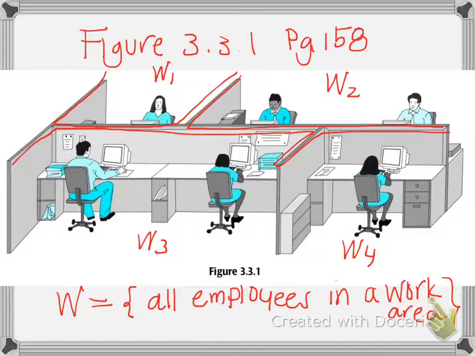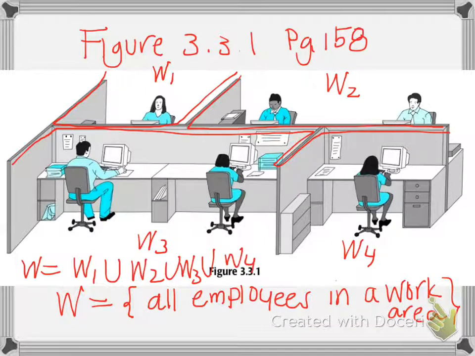We have two workers in workstation 2, for example, and we don't see any overlaps. Third, every worker must be in some cubicle. So we've actually formed a partition of W, since W equals W sub 1 union W sub 2 union W sub 3 union W sub 4. That's the definition of a partition.